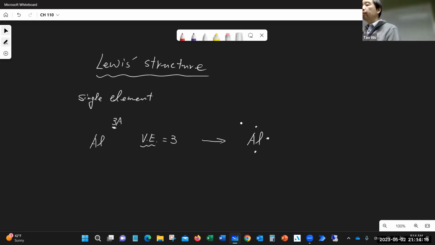So this is the rule. You can write aluminum like this. You can also write it like this, or like this.